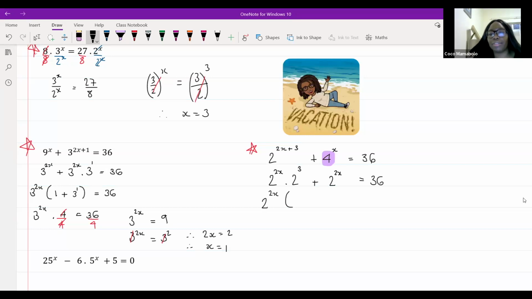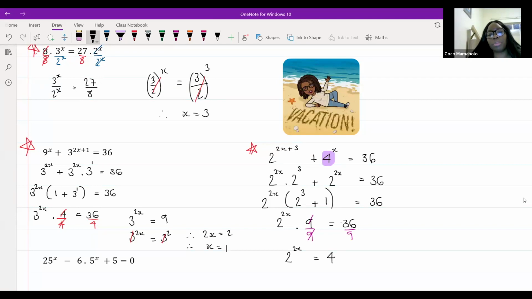And what I'm going to get left is 2 cubed plus 1 is equal to 36. Right? I'm then going to get 2 to the power of 2x multiplied by 2 to the power of 3 is 8 plus 1 is 9 is equal to 36. And then I'm going to divide both sides by 9. Right? And that's going to give me 2 to the power of 2x is equal to 4.